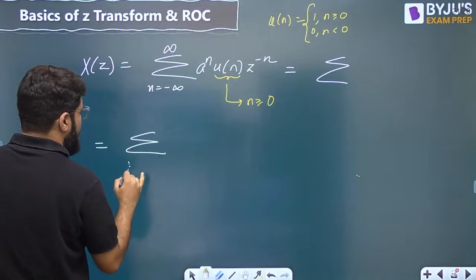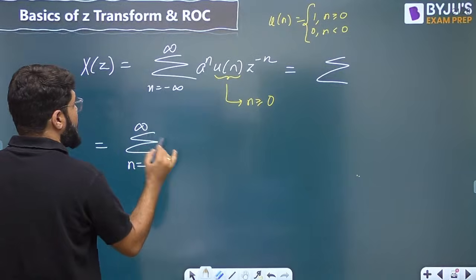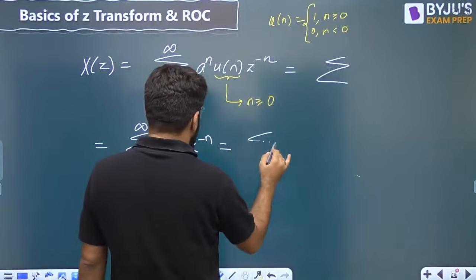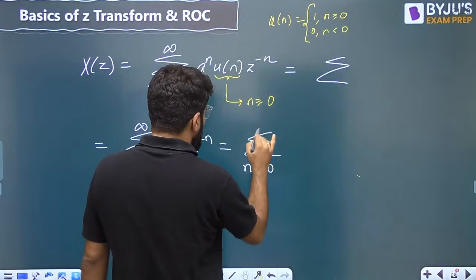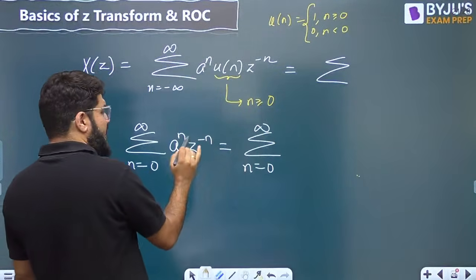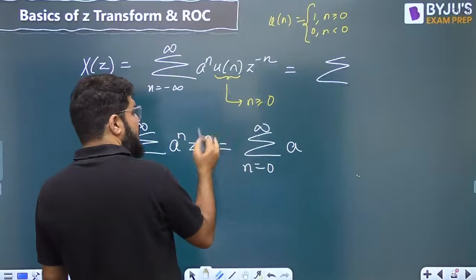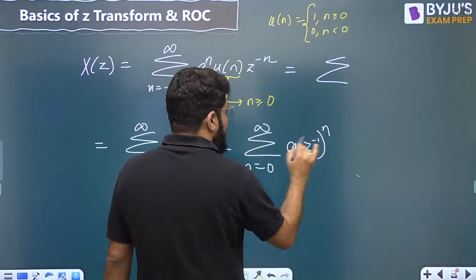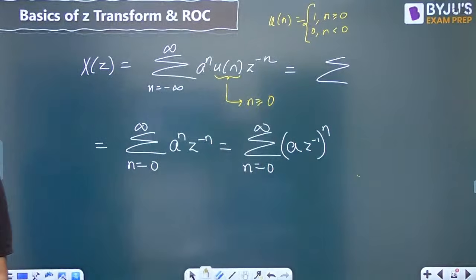So the limit should now become the summation from 0 to infinity of a raised to the power n, z raised to the power minus n. Both the powers are n, so let us combine: a, and z power minus 1, whole power n. Now open the summation, guys.